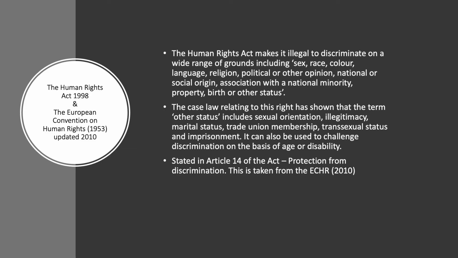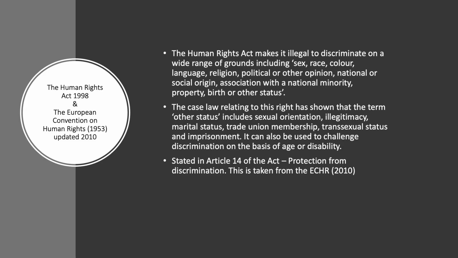The Human Rights Act makes it illegal to discriminate on a wide range of grounds, including sex, race, colour, language, religion, political or other opinion. Okay, so this piece of legislation is really, really important as well, because it kind of is the earlier version of the Equality Act, because it says that you can't discriminate against people based on those particular characteristics.